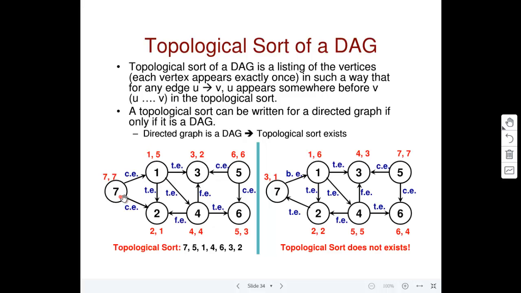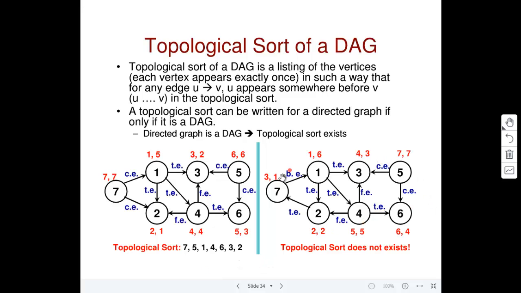For example, edge from 7 to 1: 7 appears somewhere before 1, not the other way. 7 to 2, again 7 appears somewhere before 2. 1 to 2, 1 appears somewhere before 2. So make sure that for every edge from U to V, U appears somewhere before V.